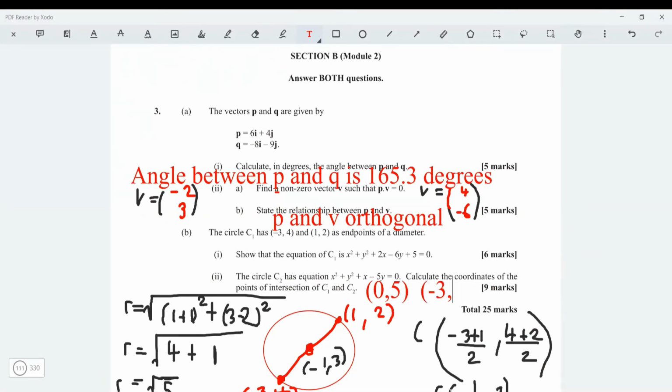Now, as you know, I love when we check our answer. If you check your answer, both of the equations are supposed to be satisfied. Meaning, if we put 0, 5 in here, if x is 0, it becomes 0 plus 5 squared, which is 25, plus 2 times 0 minus 6 times 5 plus 5, it's supposed to be 0. We're just going to check it with one of the equations to make sure we made no mistake.